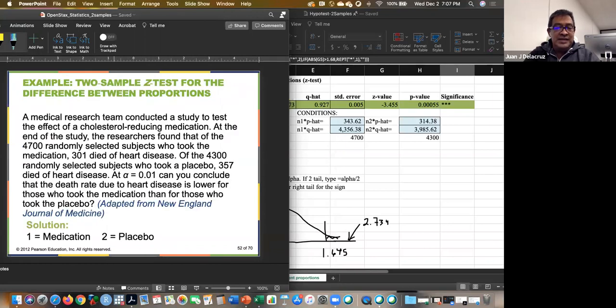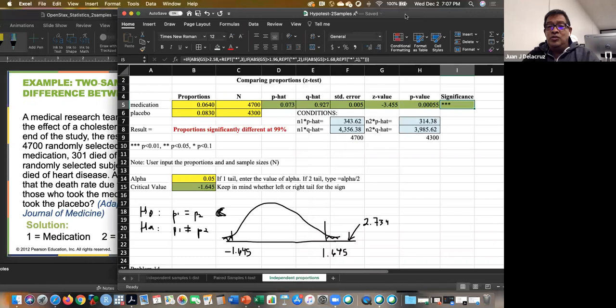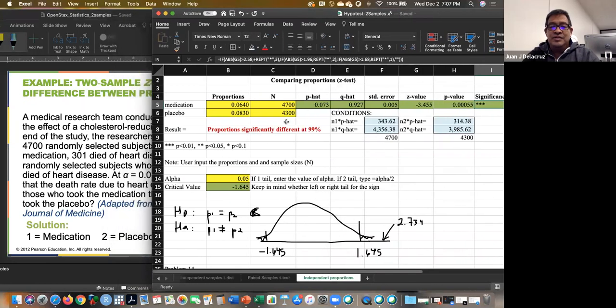So what is the case? At the 1% level of significance, can you conclude that the death rate due to heart disease is lower for those who took the medication than those who took the placebo? People who don't know statistics too much say, well, people die, so why should I take the medication?